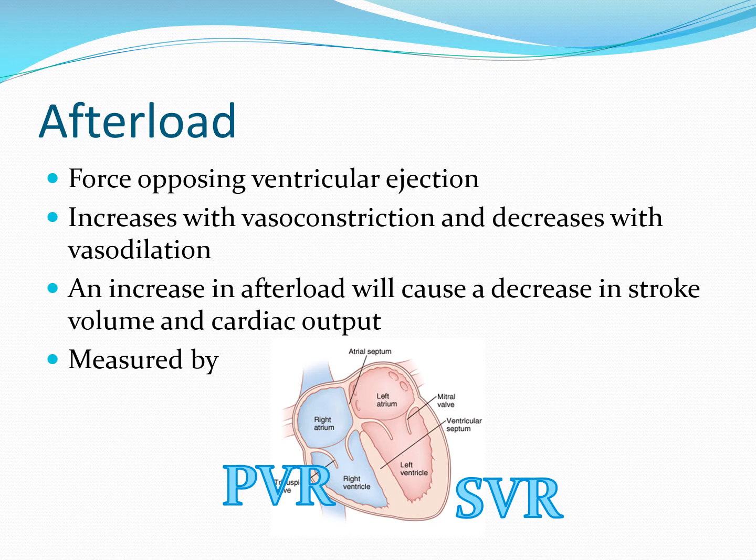And in the left ventricle, it's your systemic vascular resistance, which is the force that your ventricle has to overcome to get the blood from the left ventricle into the systemic vessels in your body.